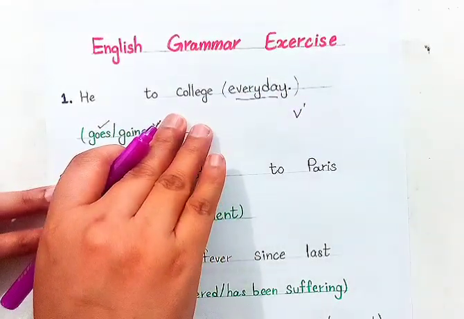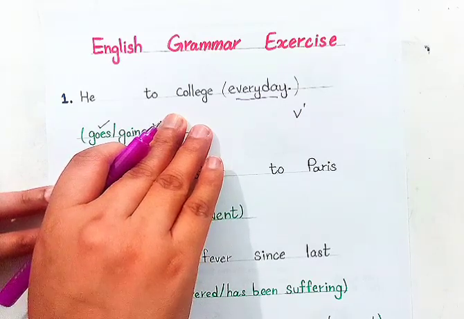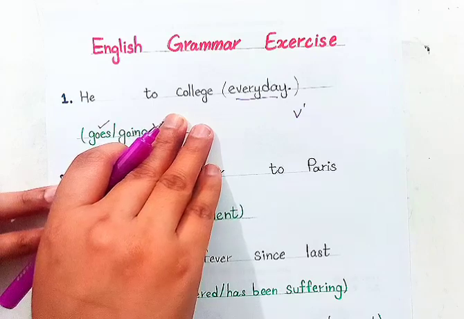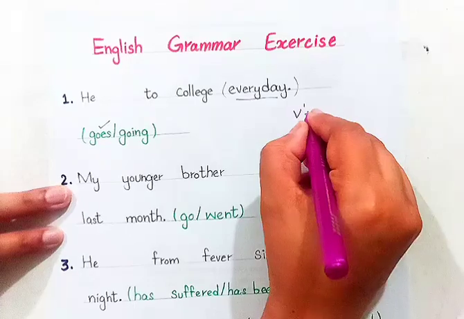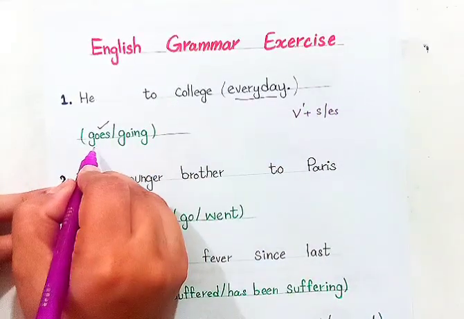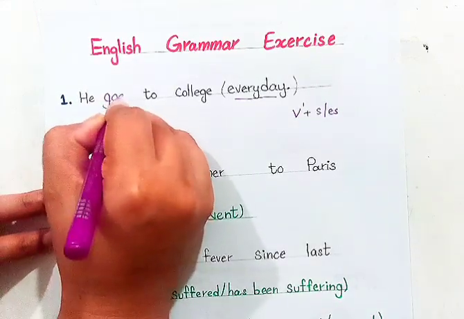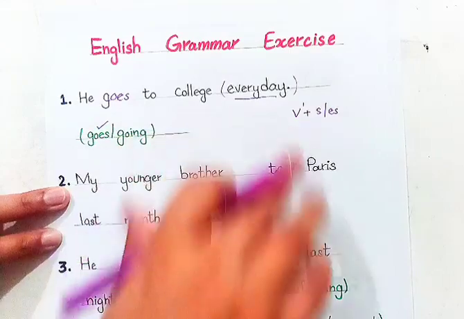This is basically a simple present tense, or present indefinite tense, and for present indefinite tense we use the first form of verb plus s or es. So we will go with goes. He goes to college every day.